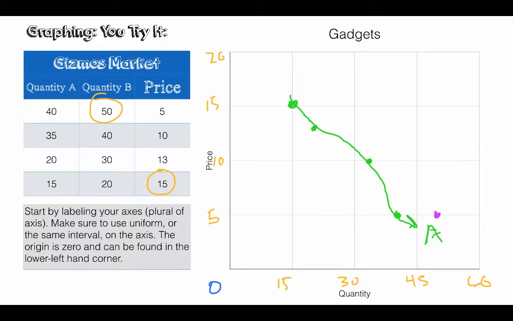At a price of 10, I have 40, which is going to be pretty much right there. Again, keep working my way through. I have 13 and 30. That's going to be on the same line right here, just like that, and then I get up to 20 at the price of 15. Now I'm going to connect those dots once again, and there we are. I'm going to call that B, and I am done.